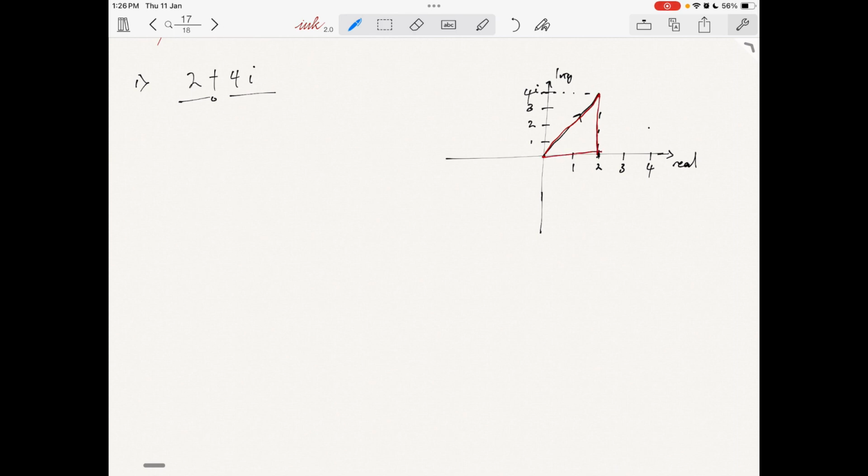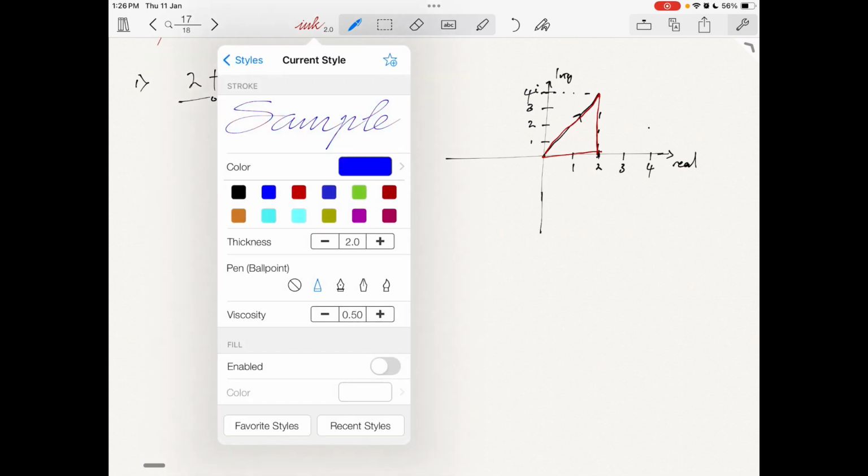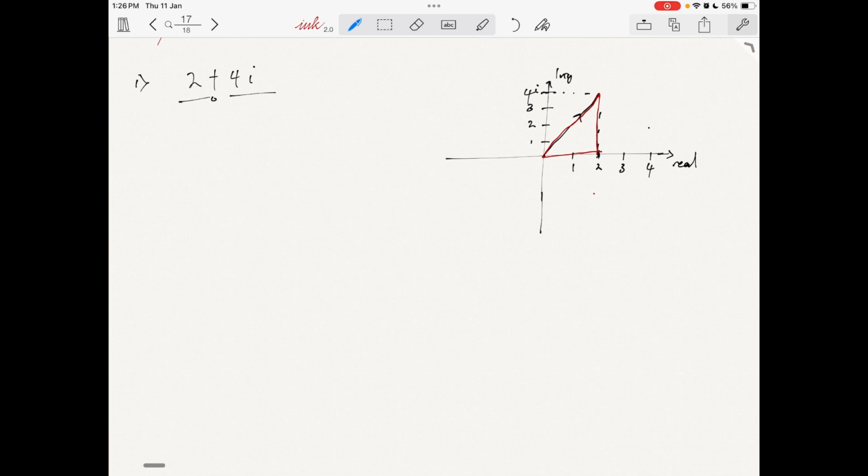Therefore, let's draw the triangle out, with a 90 degree angle. The distance from here to here is 2, and the distance from here is 4.